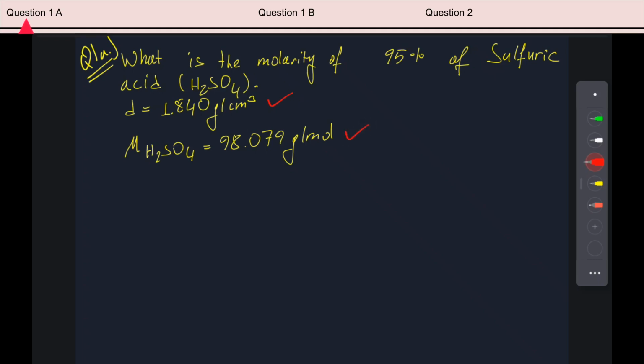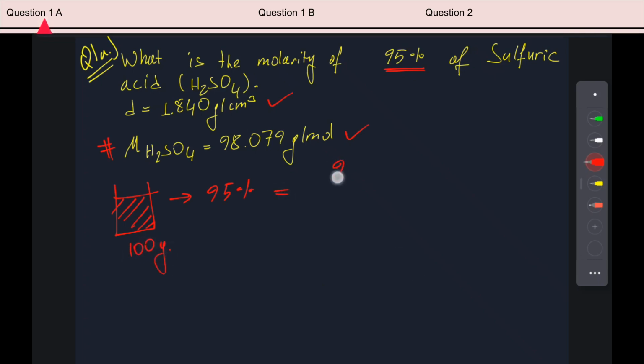We know these two. If you don't know how to calculate the molar mass, you can watch the video that appears in the corner. Firstly, what does it mean, 95% sulfuric acid? Assume you have a sulfuric acid solution that is 95%, and you have 100 gram of this solution.